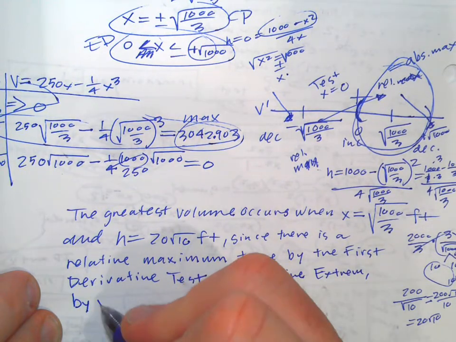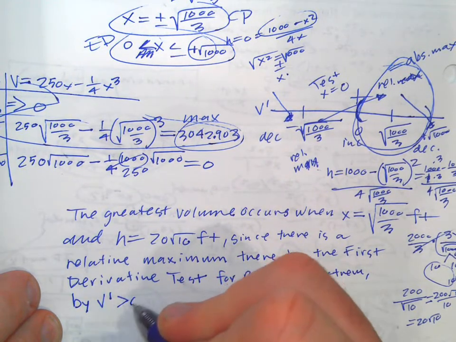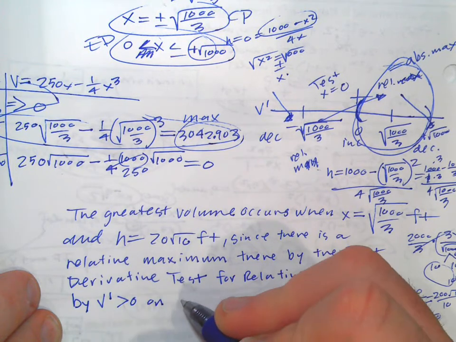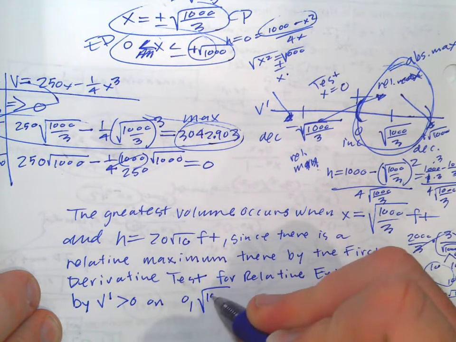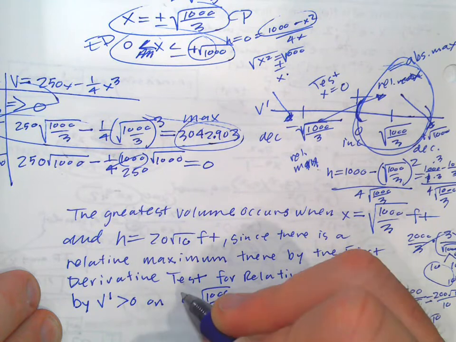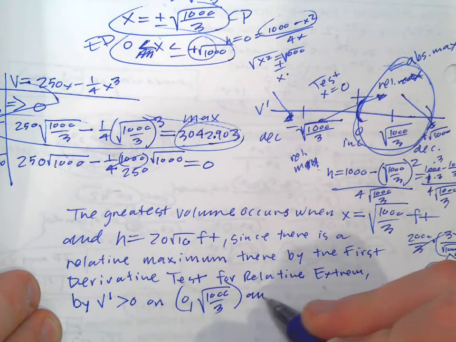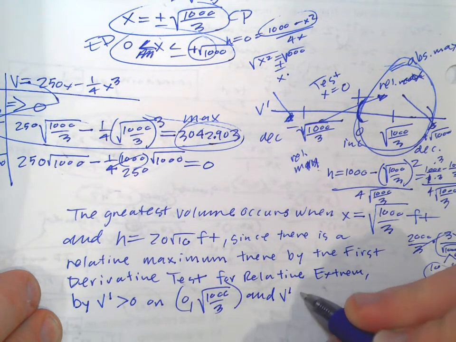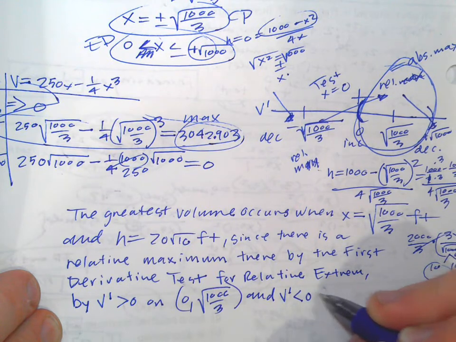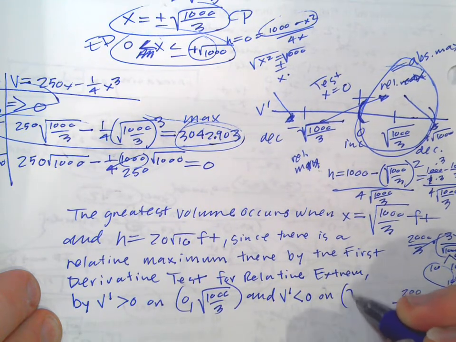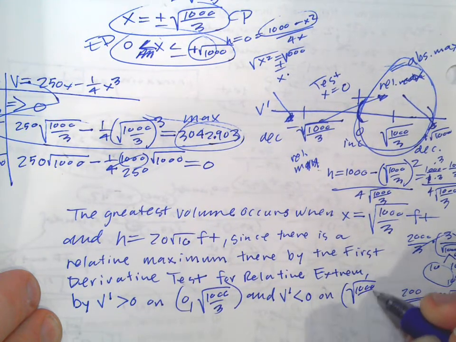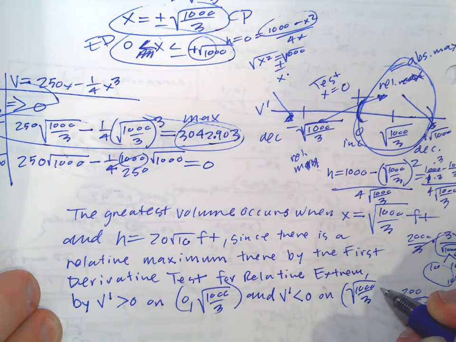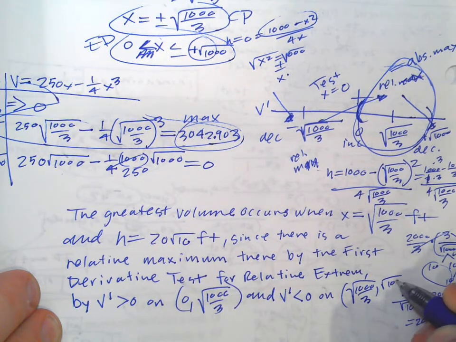By v prime being positive on the interval 0 to the square root of 1,000 over 3, and v prime is negative on the interval square root of 1,000 over 3 to the square root of 1,000.